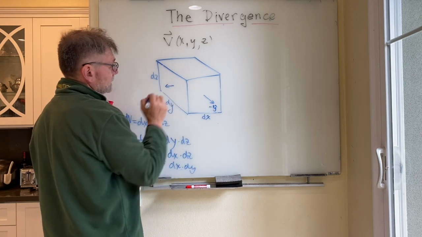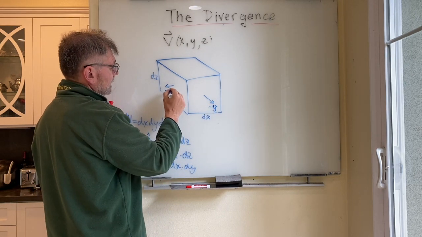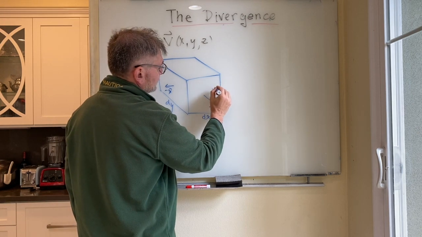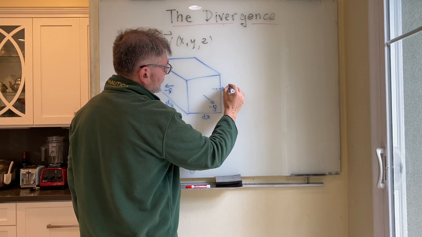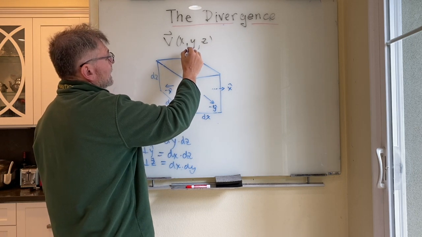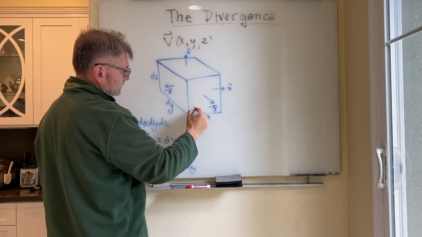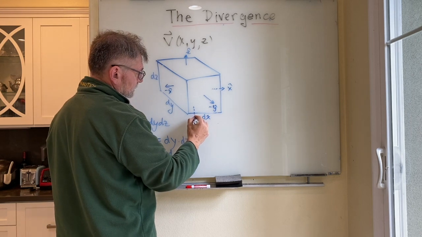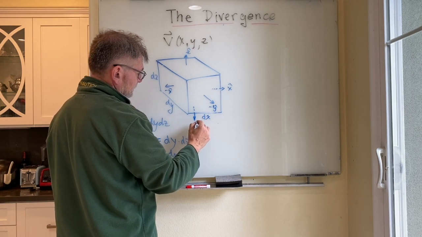The one pointing outside on this one is minus x hat. The one through the other side is plus x hat. The one out through the top is z hat, and the one out through the bottom is minus z hat.